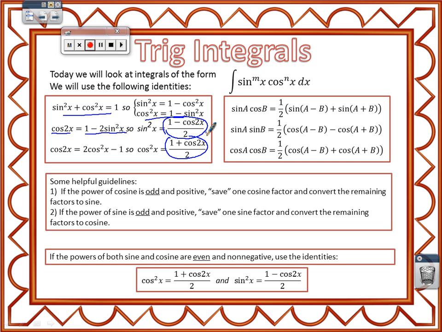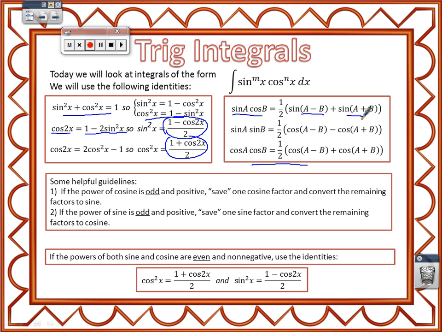The formulas over here are basically a version of our addition and subtraction formulas. They are also pretty important because if we are multiplying, and we'll do a problem like this today, if we're multiplying sine and cosine together with different angle measures, like A and B, then if we can split them like this, they will be much easier to integrate.